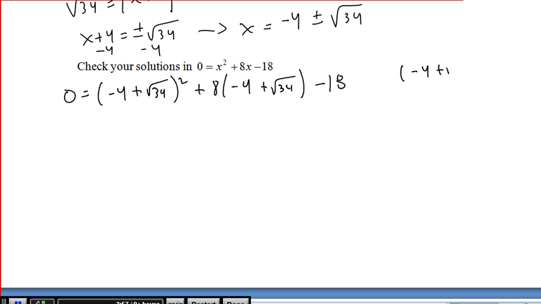Negative 4 plus root 34, squared, is going to be negative 4 plus root 34 times itself. So when I rainbow that in, I get that. And then collect like terms, 16 and 34 is 50.